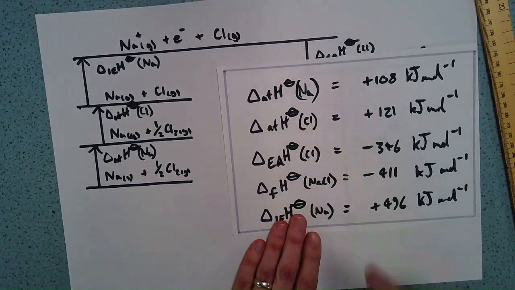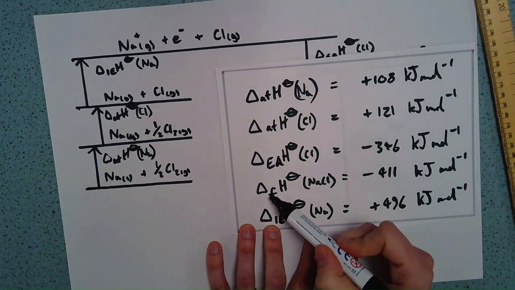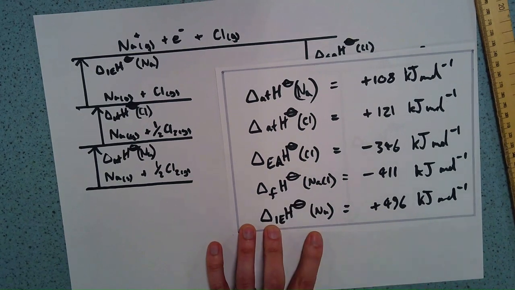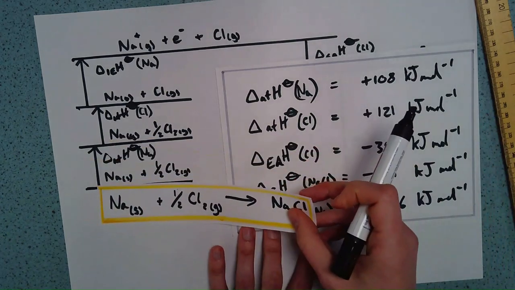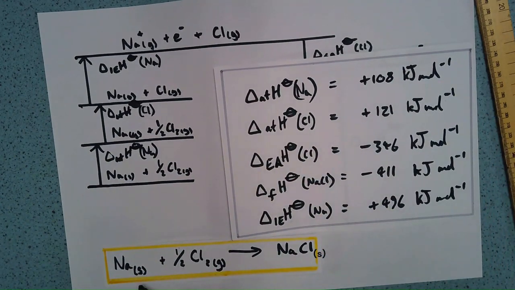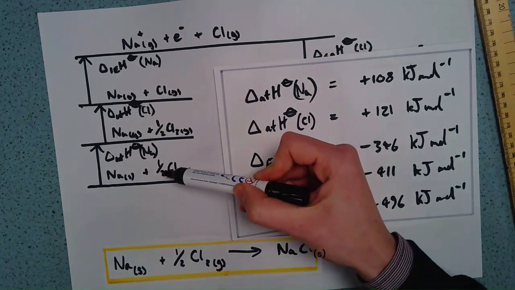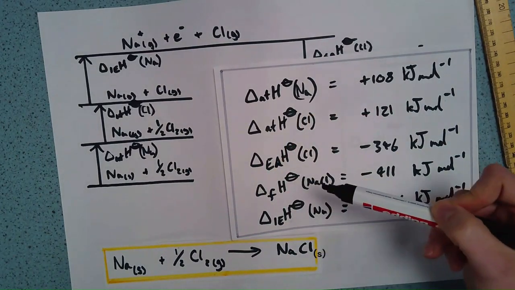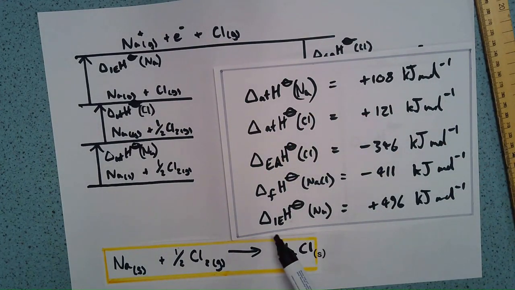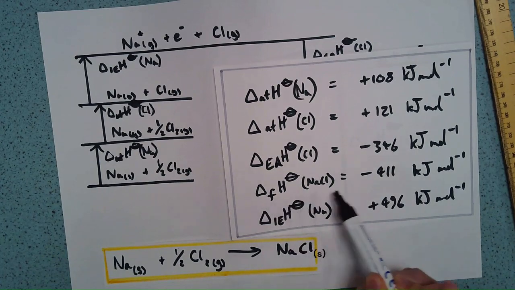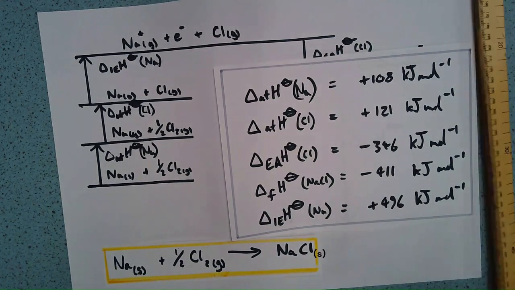So I'll move the table over here a little bit. What else do we have that we haven't used? There we go. Delta F H, which is this equation. We're changing sodium, which is solid, and half a mole of gaseous chlorine molecules into NaCl. So that's going to be the enthalpy change of formation, which goes from here to the ionic lattice. And that is minus 411 again.